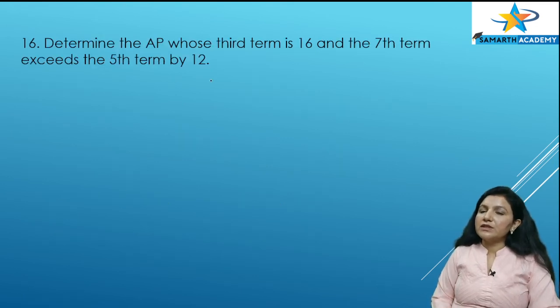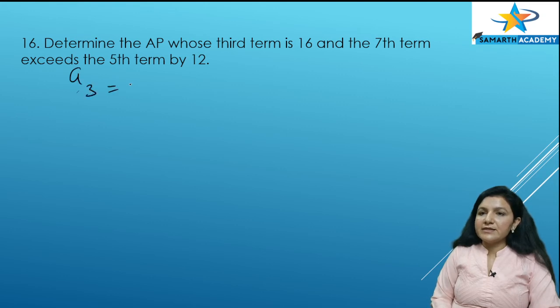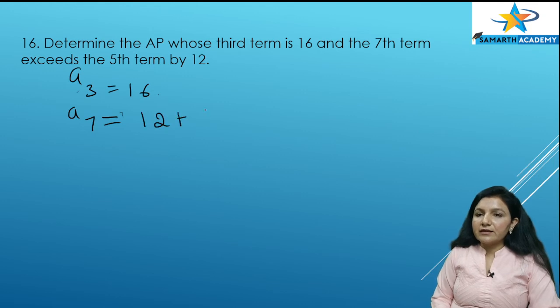Determine the AP whose third term is 16 and whose seventh term exceeds the fifth term by 12. So, A3 is 16 and the seventh term A7 exceeds, means A7 is 12 more than the fifth term. Okay.